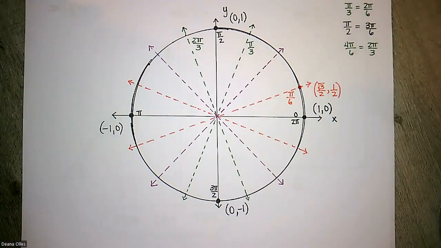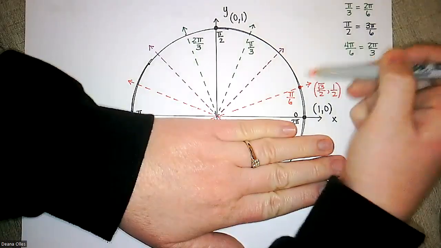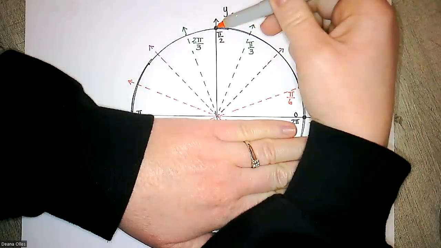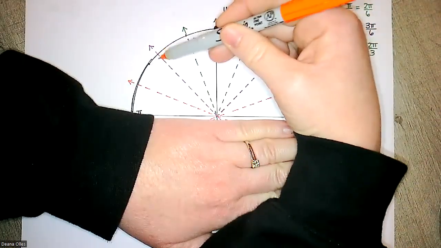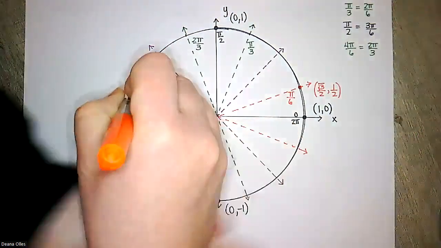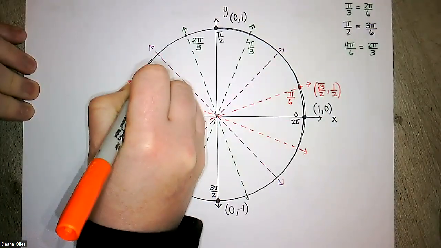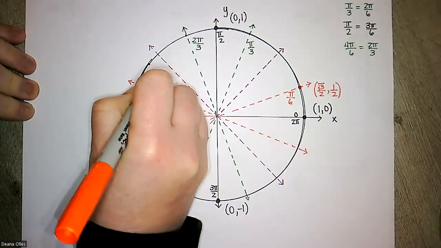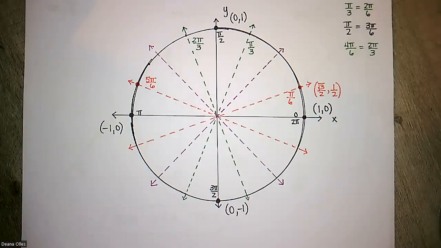All right, keep counting. We have 1 pi over 6, 2, 3, 4 pi over 6, pi over 4 doesn't count in there, 5 pi over 6, here's my fifth one, and I can't reduce that.